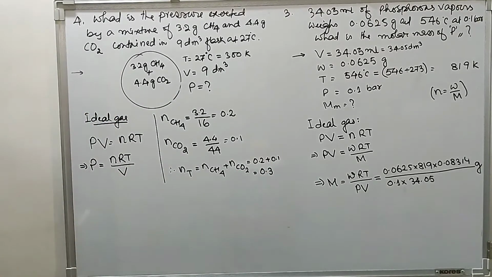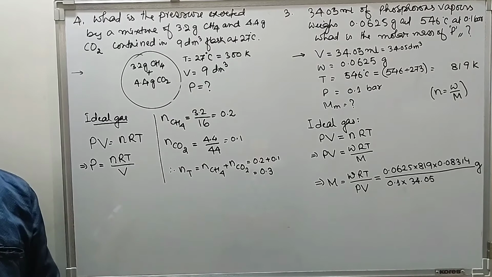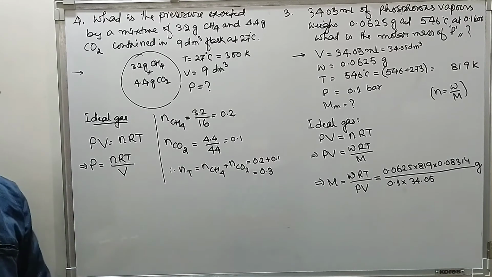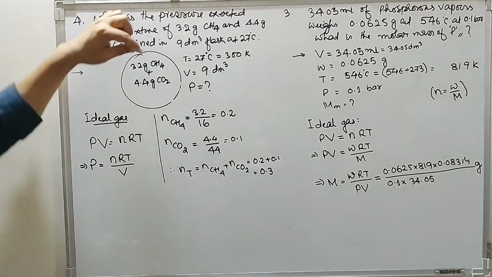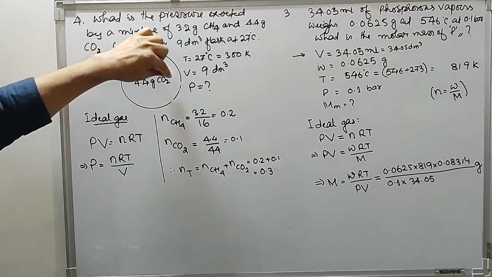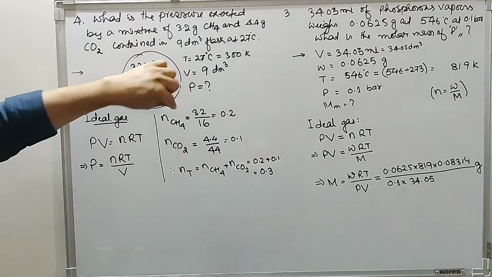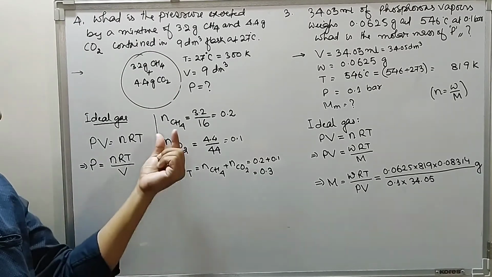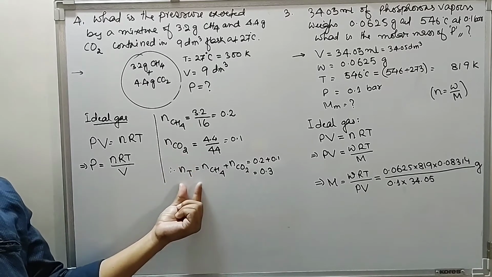Since two different gases are present with different masses, we have to convert each mass into number of moles, and then add them up, because the total quantity is the number of moles of methane plus the number of moles of the other gas. So this is how we define the number of moles of individual gas and the total number of moles.